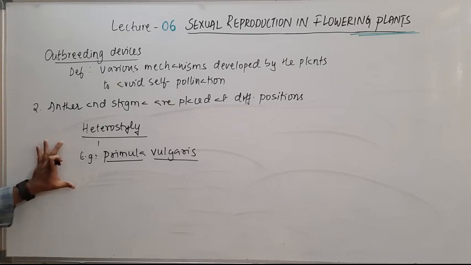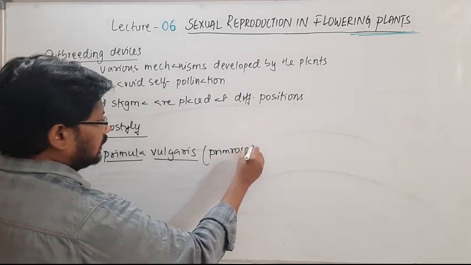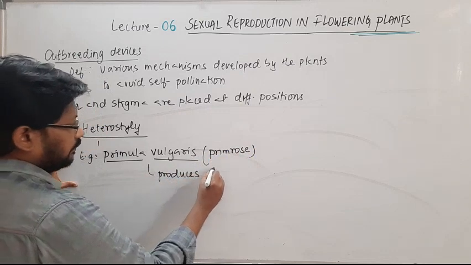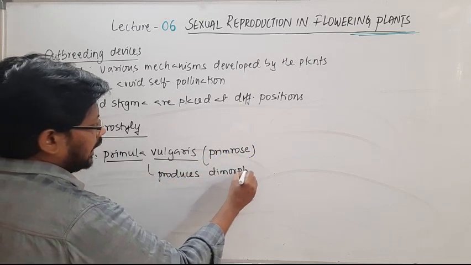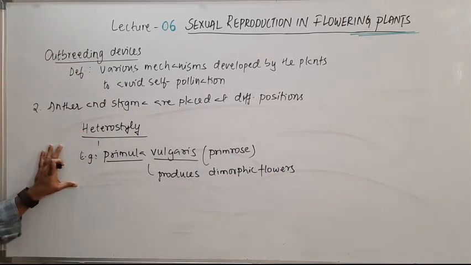This Primula vulgaris is commonly called the primrose plant, and it produces dimorphic flowers.